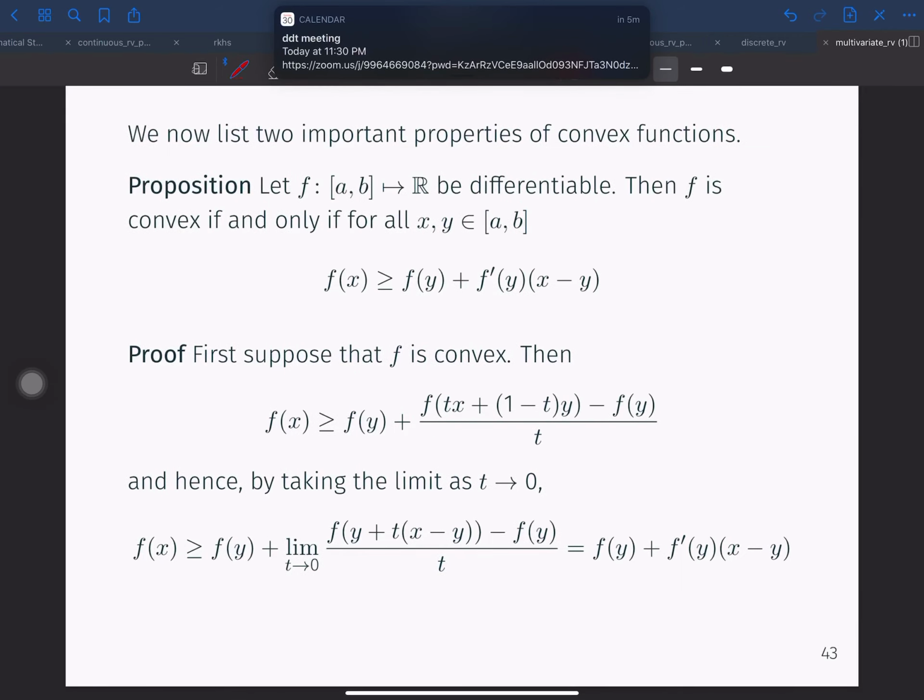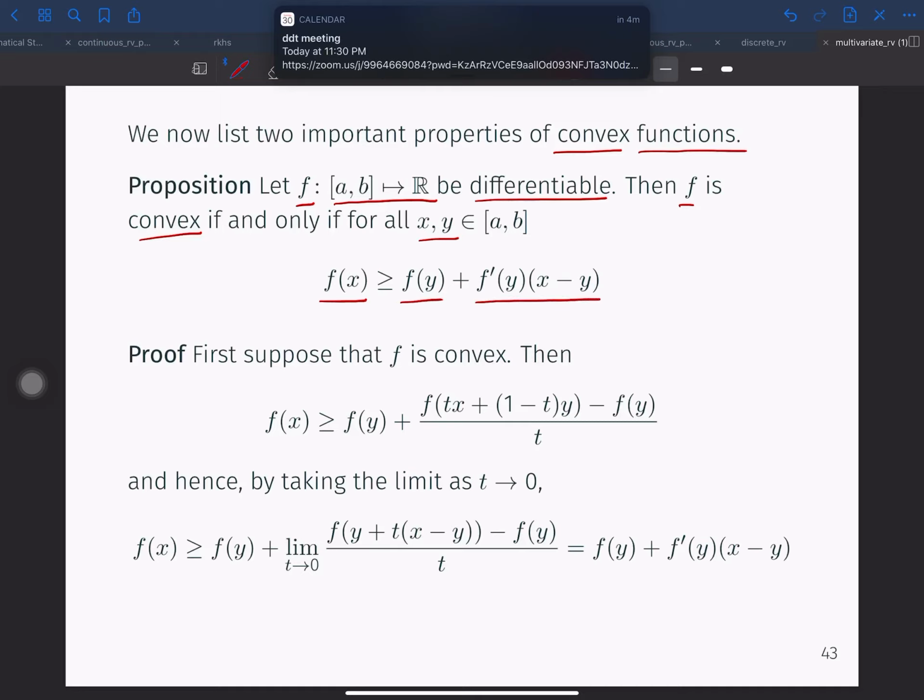So we now list two important properties of convex functions. We'll give examples of convex functions later in a few slides, but let's look at what the conditions imply. So in summary, if you have f, which is a function from the interval [a, b] to R, and f is differentiable, then f is convex if and only if for all values of x and y, the function evaluated at x is bigger than the function evaluated at y plus the Taylor expansion.